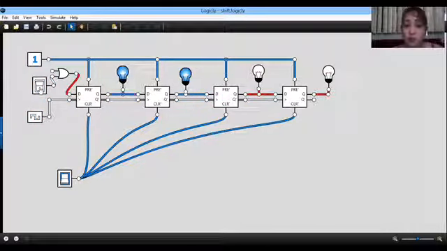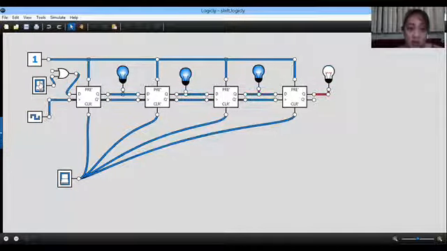Magsishift siya papunta sa right at the same time na mag-on ang clock natin. See? Pinatay ko siya. Pag binuhay ko, wala pang clock, hindi siya lalabas. But pag nag-clock na siya, saka siya lalabas.